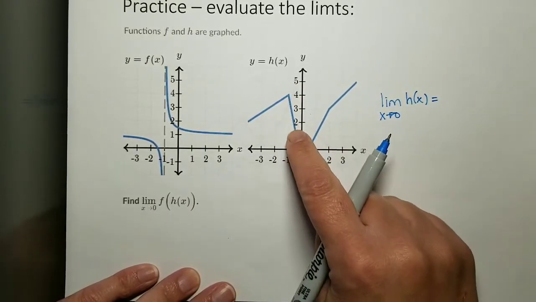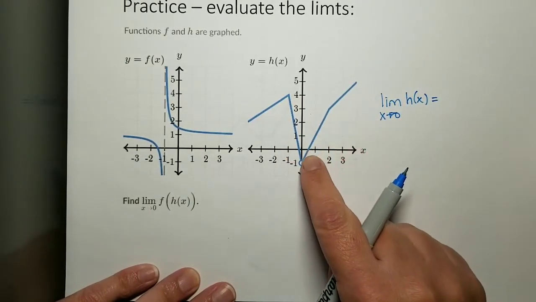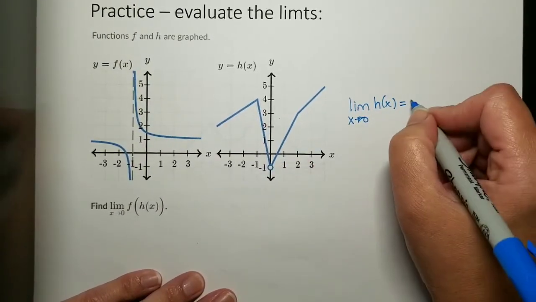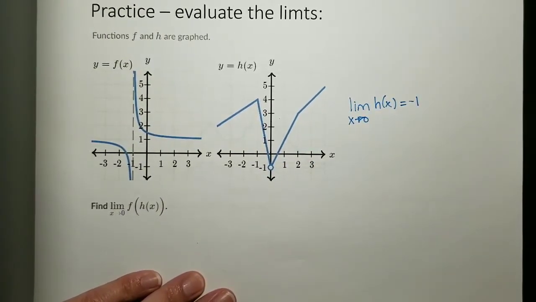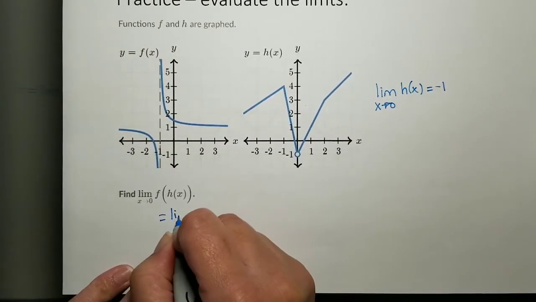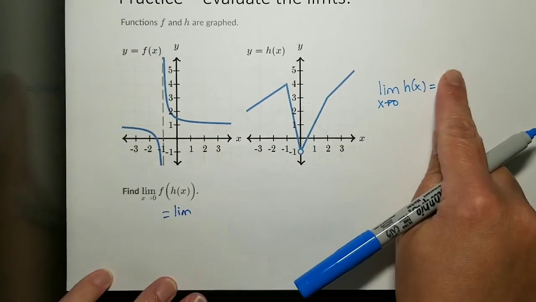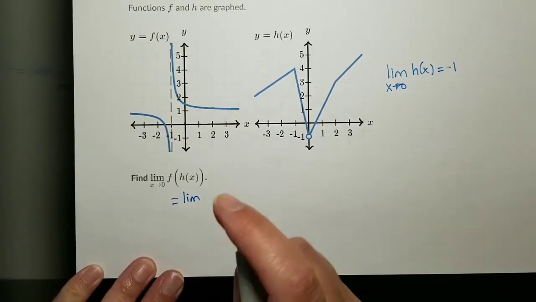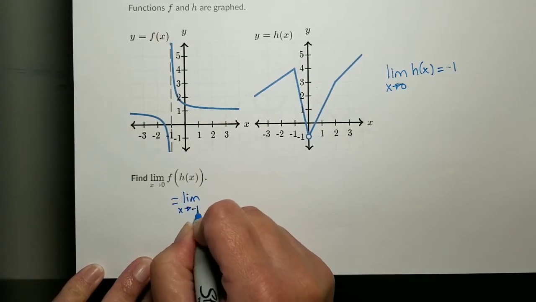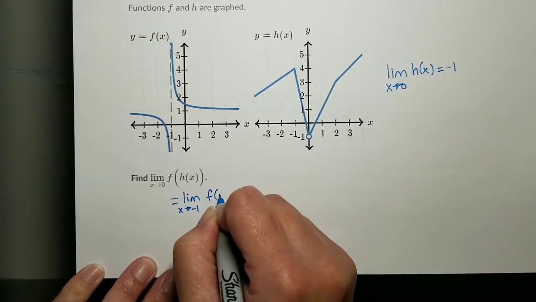And we see that the limit as x approaches 0 is going to be -1. So we want to take a look here at the limit. Remember, the output of the inside function becomes the input of the outside function: as x approaches -1 of f at x.